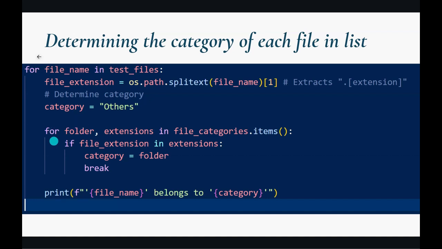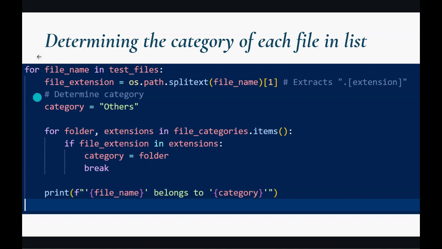But then we want to actually loop through our dictionary items and check if the extension that we extracted is within the values associated with the current key that we're looking at. And if that file extension is in that list, then we want to update the category of that current file to the appropriate key. And then finally, we will print where the file belongs.